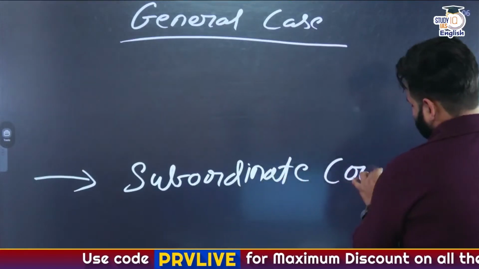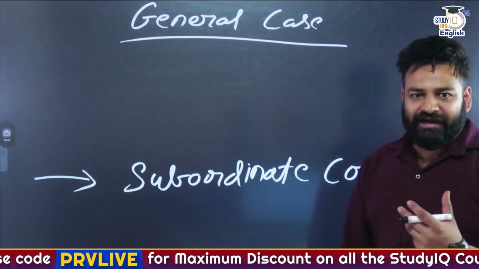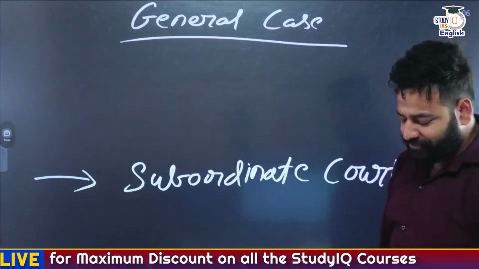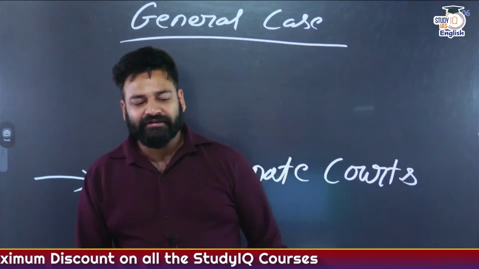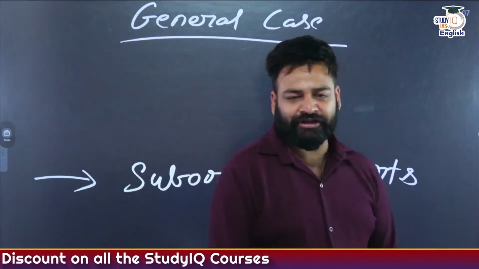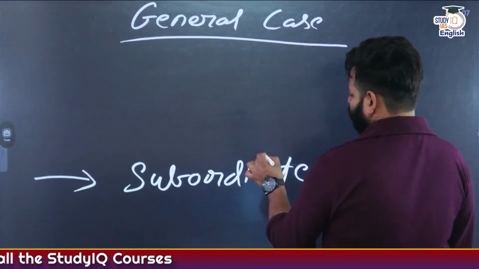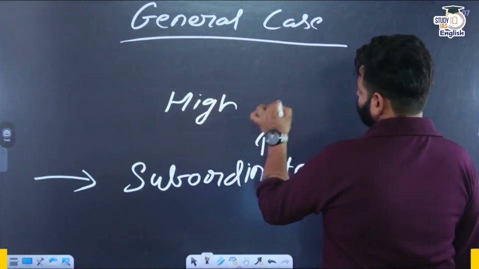They are available near your home, in your district. Any judgment passed by subordinate courts, if you aren't happy with it, you have the right to challenge it before the High Court of your state.